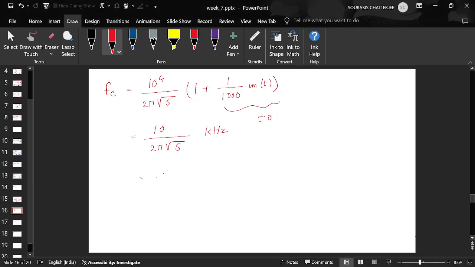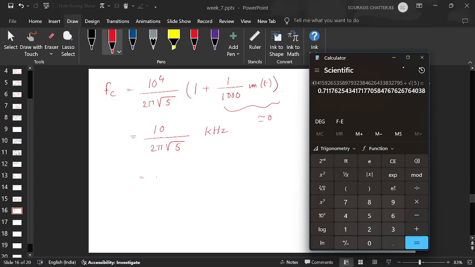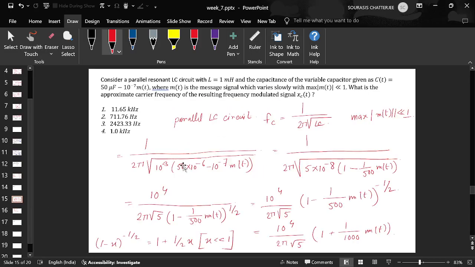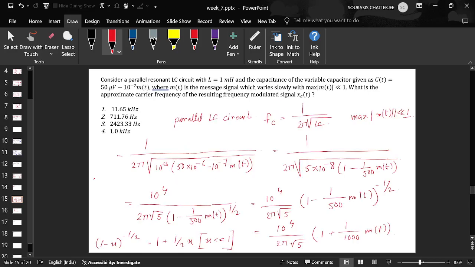It's given as, just a second, 0.71176 kilohertz. So you can also write it as 711.76 hertz. So this is my approximate carrier frequency, and one of the answers should match with this. The second answer itself is matching, so this is what we are looking for.